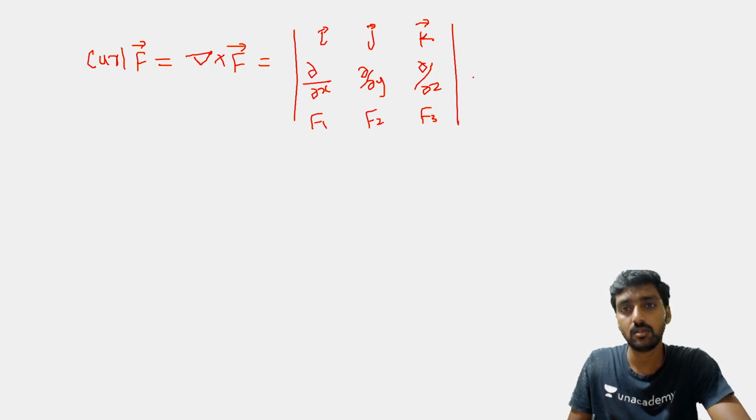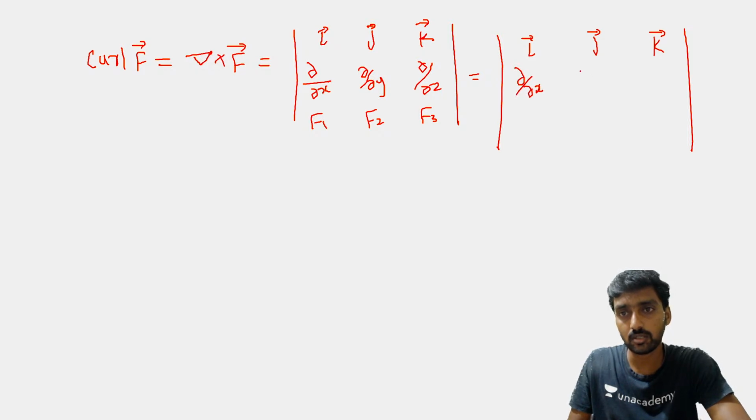What will be the value? It's i vector, j vector, then k vector, dou divided by dou x, dou divided by dou y, dou divided by dou z.